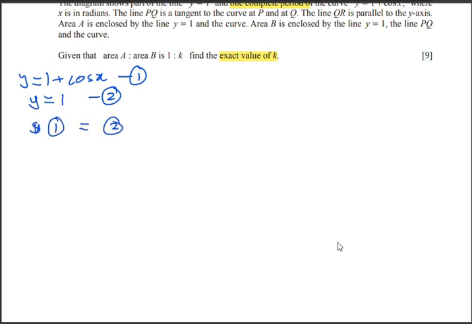So I know that 1 plus cos x equals 1, so cos x equals 0. If you know your identities well, you will know that x has to be pi over 2. And straight away, the reflex angle is 3 pi over 2, because pi plus pi over 2 is 3 pi over 2, in quadrant 3. You can also see it from the graph.